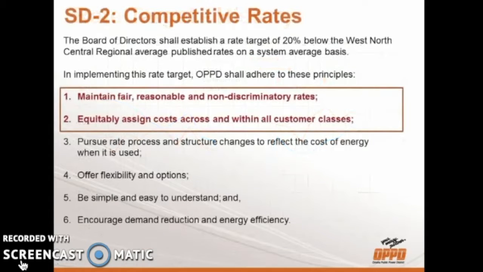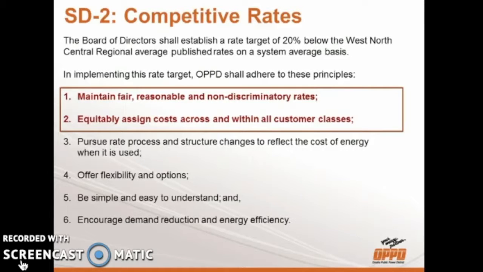Now the six principles in this SD, I'm going to cover these 2 at a time. The first one is maintain fair, reasonable, and non-discriminatory rates, and equitable assignment of costs across and within customer classes. To support those 2, we have rate classes that are based on customer usage characteristics.